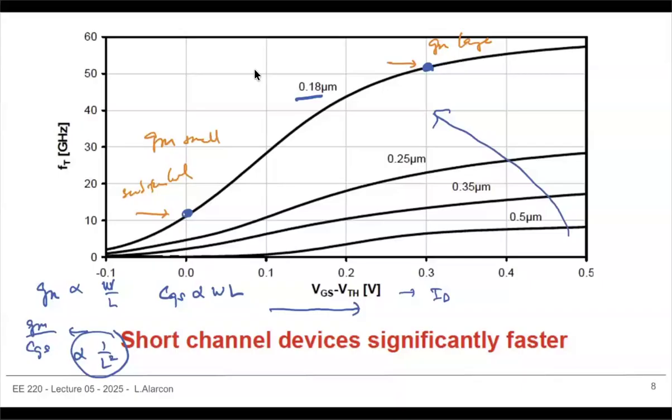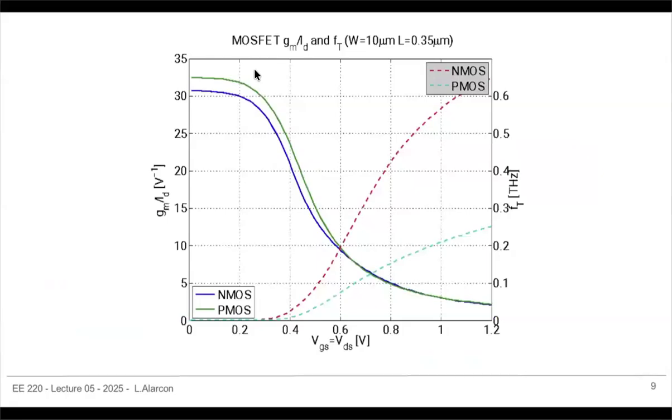This also brings up a very interesting situation for us. Remember, we plotted, and this is again the homework, two things. We plotted GM over ID, our power efficiency, and we say efficiency peaks over here when it looks like a bipolar, and efficiency drops as you increase VGS. But then the opposite thing occurs for FT.